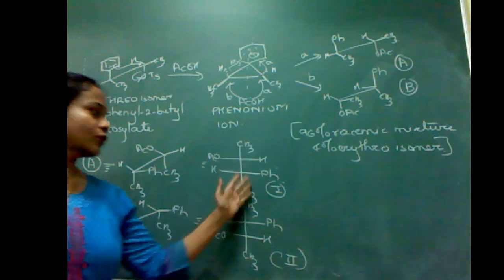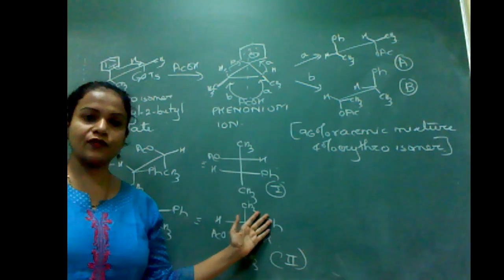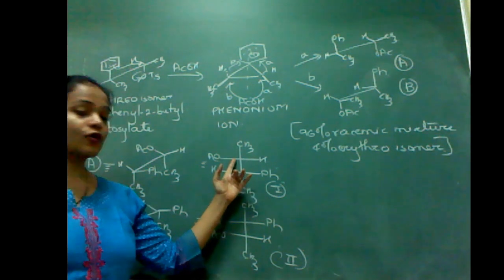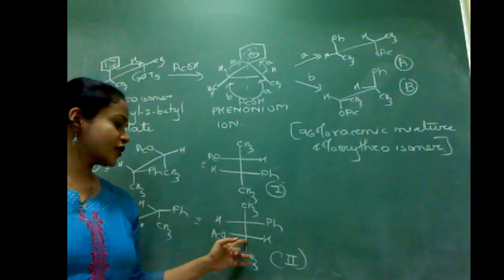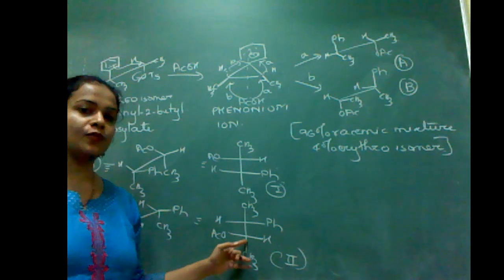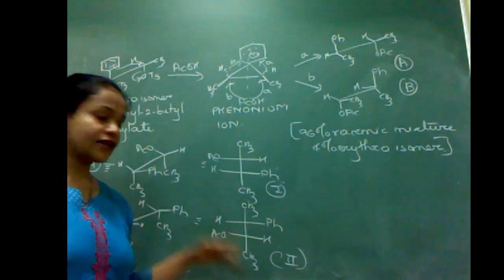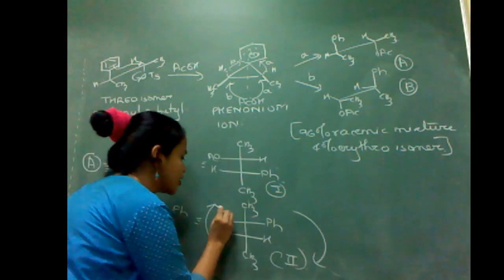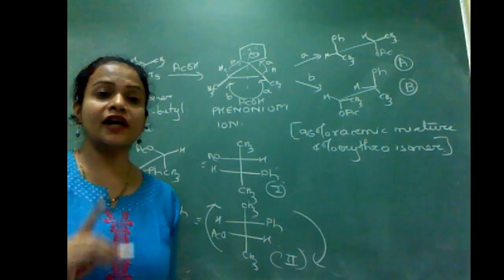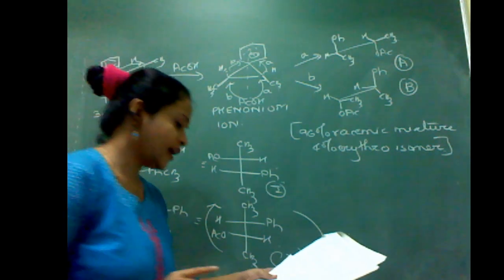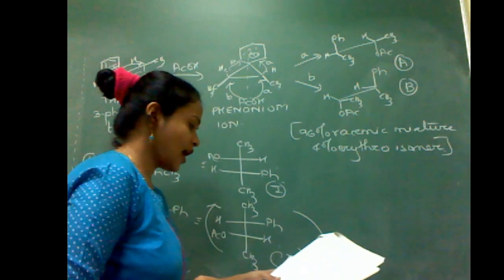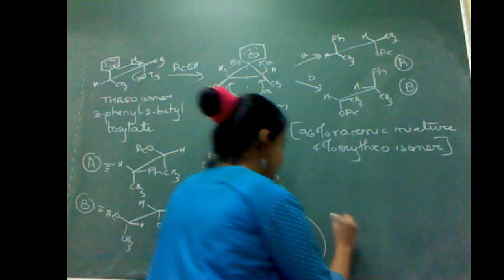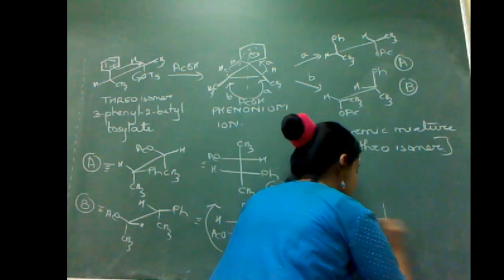When you look at these structures carefully, it is very difficult to ascertain, because here the acetate group is present at the 2 position, but in this structure the acetate group is present at the 3 position. So I carry out one symmetry operation, an in-plane rotation by 180 degrees, and then rewrite the structure.